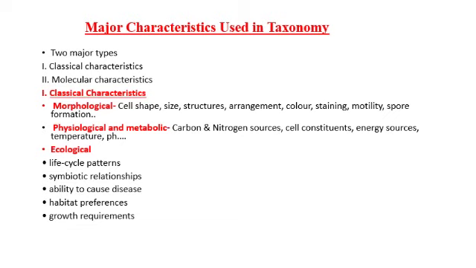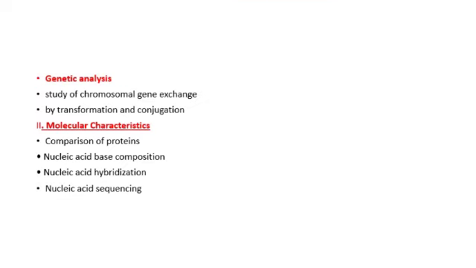And next one is the genetic analysis, which is also a classical classification. Genetic analysis means based on transformation or conjugation and the study of chromosome gene exchange. These are all about the classical characteristics.